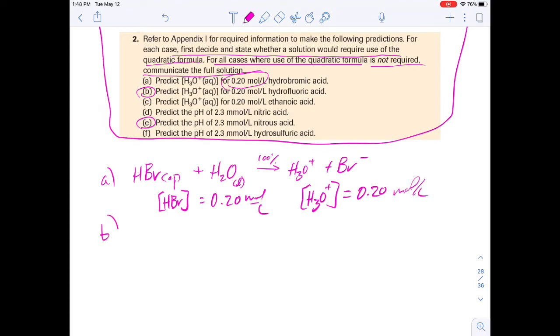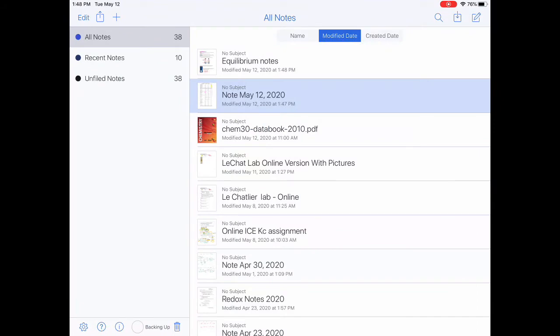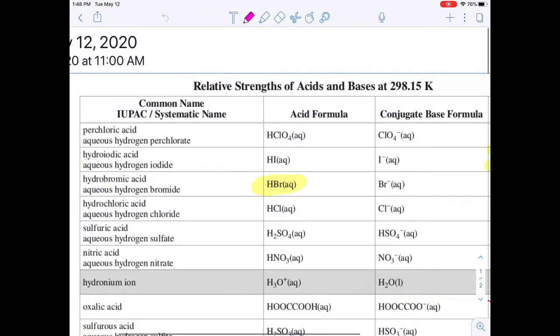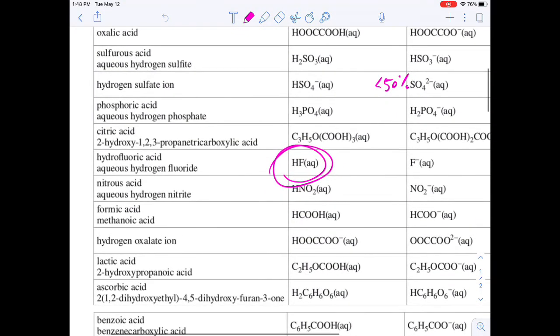For B, we've got predict the hydronium for 0.2 mole per liter hydrofluoric acid. Well, hydrofluoric acid is a weak acid, so for the concentration of hydronium, we're only going to be able to make the assumption if the hydrofluoric acid meets our expectation.